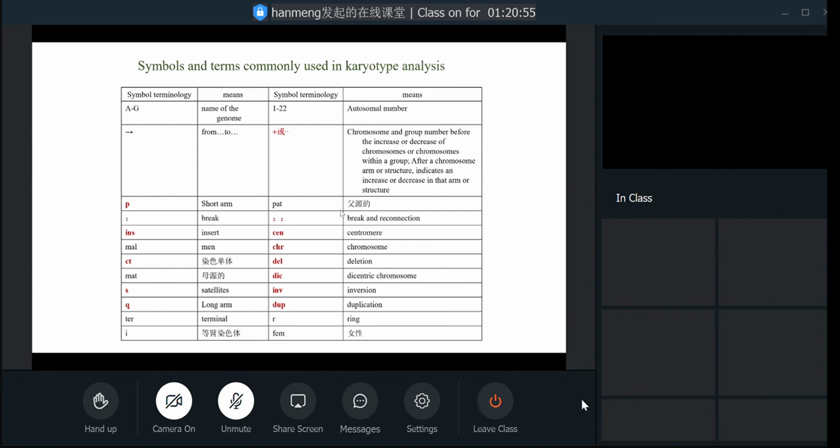You should remember these symbols because we will use them in the karyotype analysis in chromosome disease.